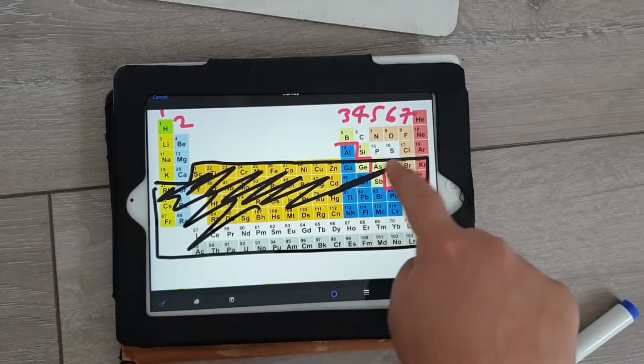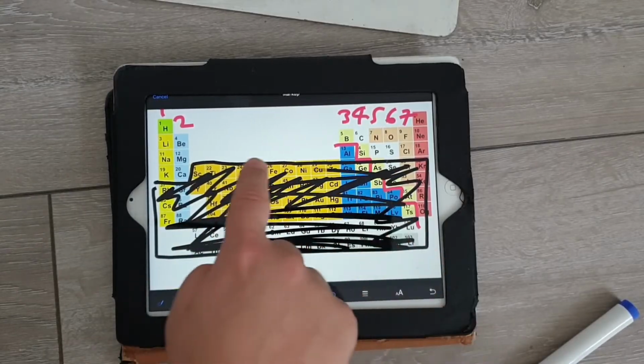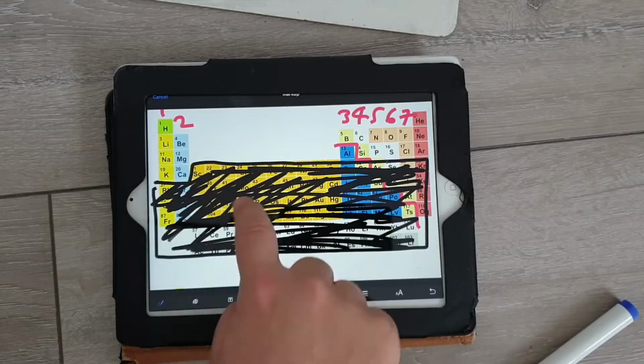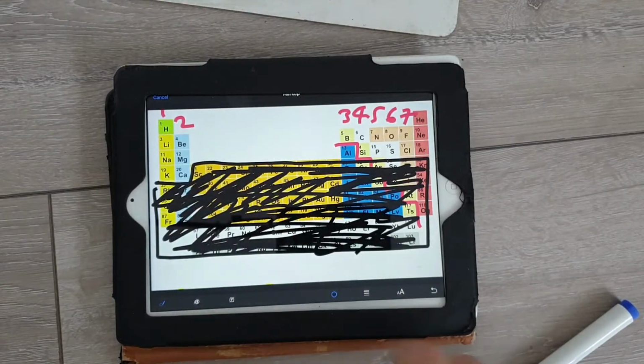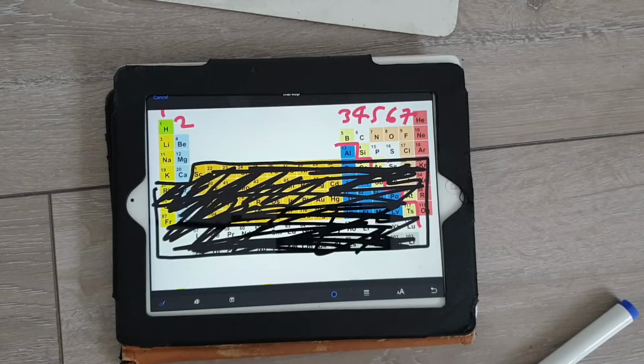For the purposes of GCSE chemistry and drawing the bonding, you only need to worry about those 20. So you've got the metals over here, and the non-metals over there.